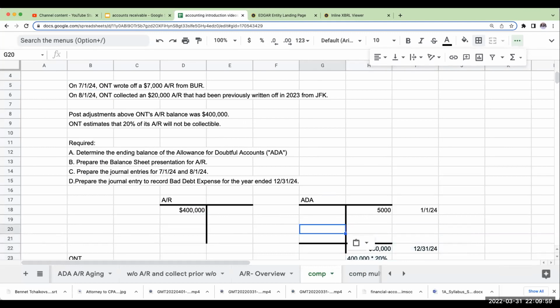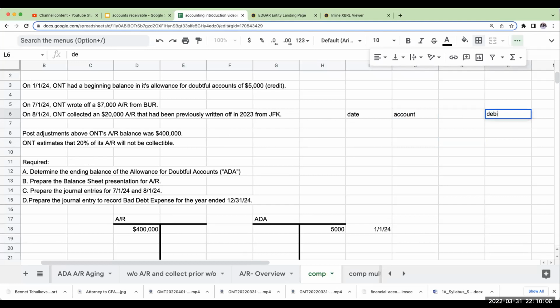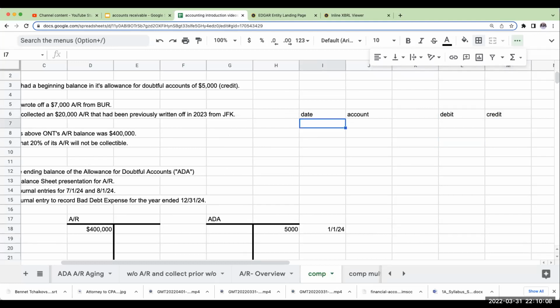Whenever we write off a receivable, over here, our date. When we write off an account receivable, we debit our allowance for doubtful accounts, which again is a contra asset account, and we credit accounts receivable.